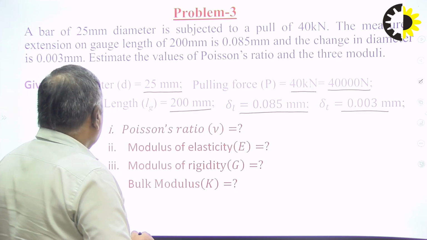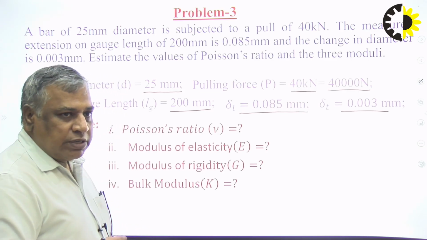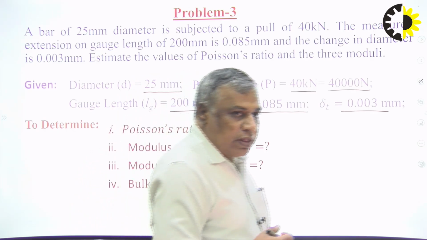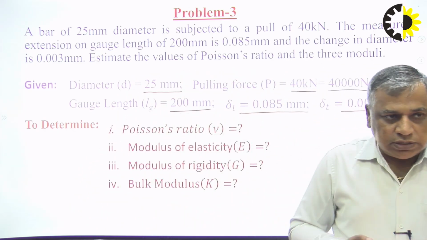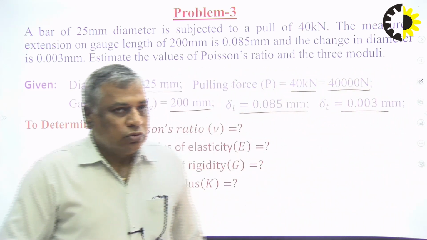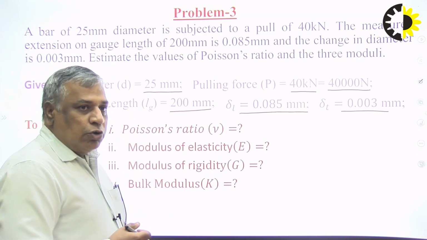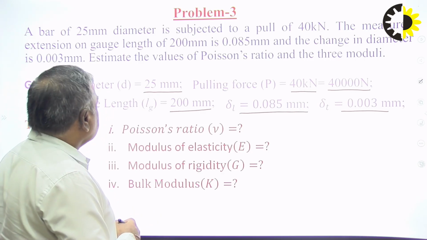Now we need to determine: first, the Poisson ratio for this material; second, the modulus of elasticity; third, the modulus of rigidity; and fourth, the bulk modulus. So these four elastic constants we need to find out for this bar material.